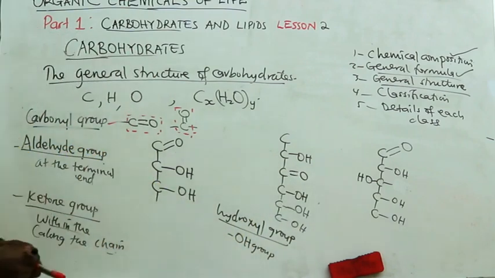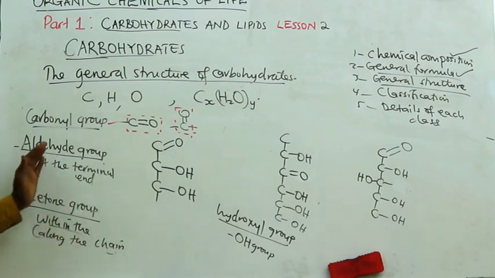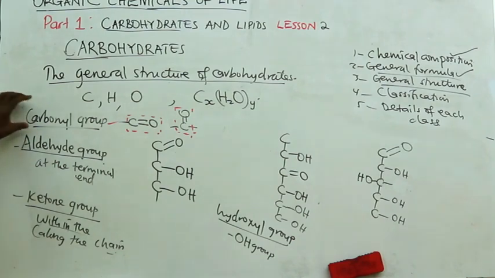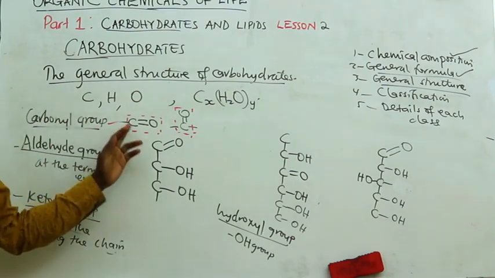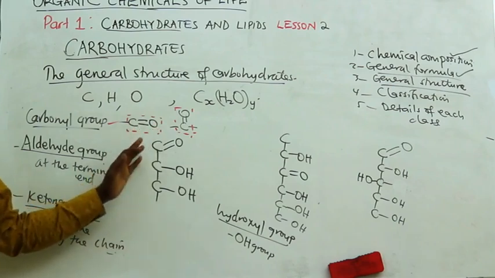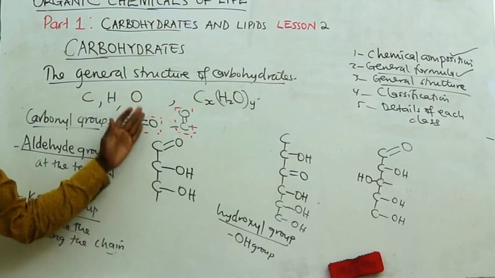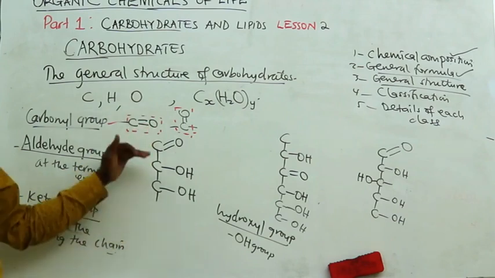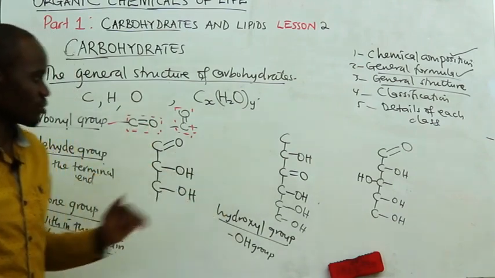I know you have not yet studied this in organic chemistry, but I'm making you understand them as well. So a carbonyl group is any group having carbon bonding with oxygen using a double bond, and can either be found at the terminal end of the carbon chain or within the carbon chain.